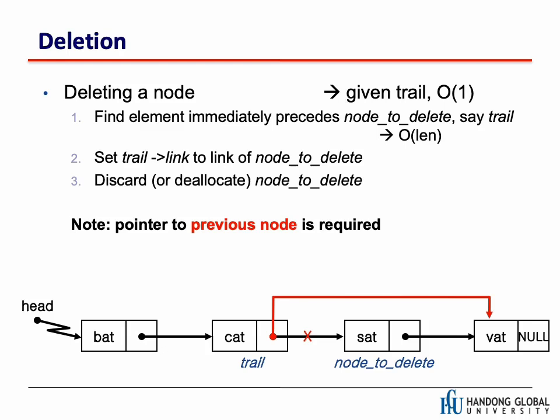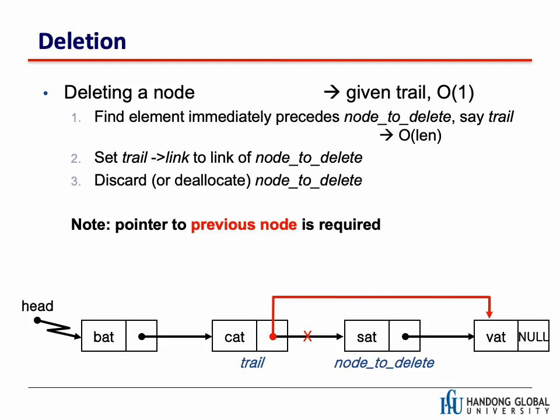A trail is pointing to the previous node. And then set trail link to the link of the node to delete. We are talking about this red arrow. The set link is pointing to that, and the cat link will point to that, which is the node that set is pointing to.